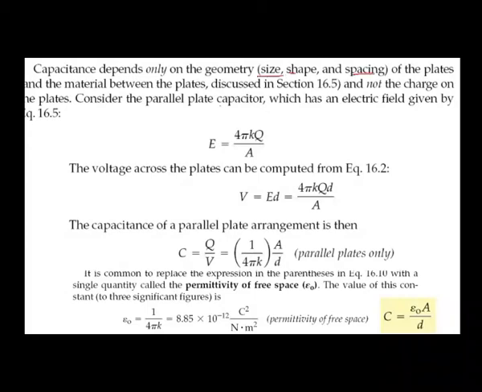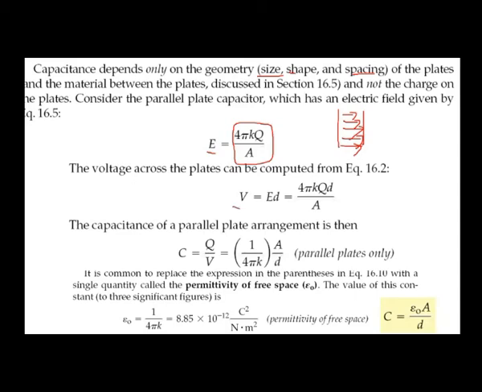So in terms of equation, in terms of electric field, this is how the electric field is described within the plates of the capacitor. The electric field is how many electric field lines are present in these two parallel plates.